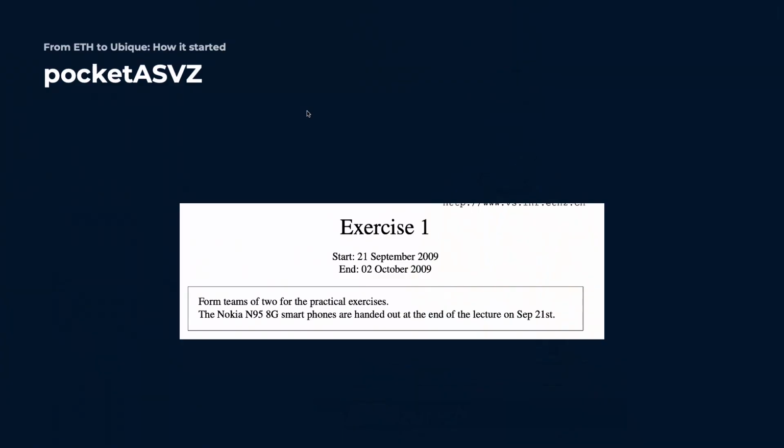Another thing we did, actually, during our lectures, we were actually allowed to do that, was the ASVZ application. And we did start in the distributed systems lecture, where we actually were supposed to use a Nokia N95 smartphone to develop apps in our practical exercises.